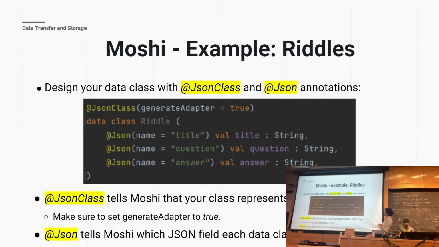So here we see the JSON name equals title. So that means if I see a key with the name title, right, I'll parse that information into the actual value title. And same goes for the question and for the answer.